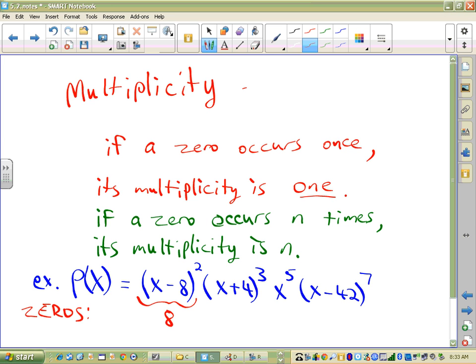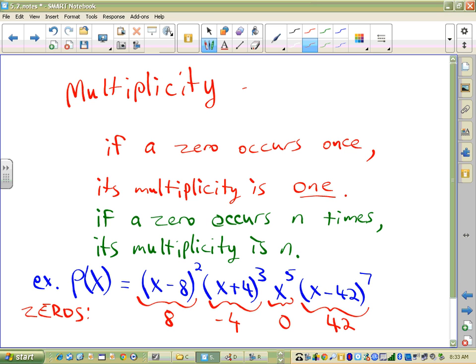Because x plus 4 is a factor, what is a 0? Negative 4, good. Let's skip to the end one. Because x minus 42 is a factor, what is a 0? 42. Hopefully somebody remembers this one. Because x is a factor, what is a 0? Thank you. 0 is a 0 also.